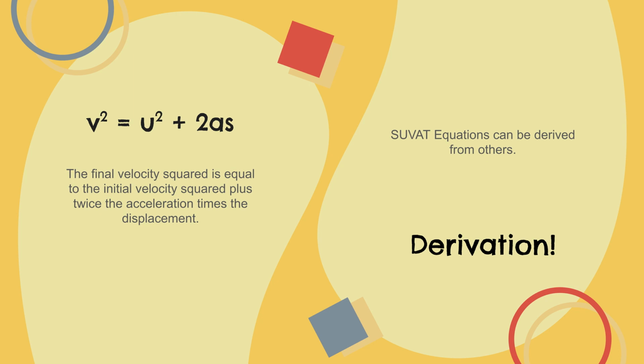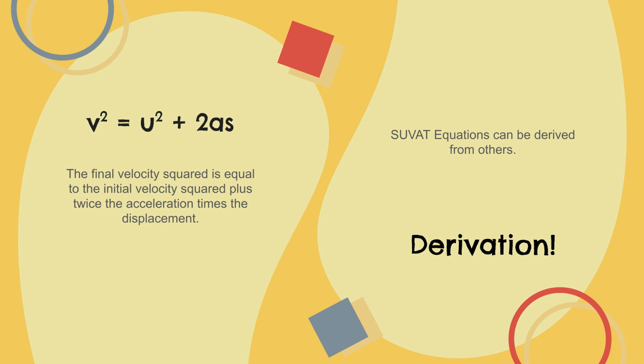plus 2uat. From the equation s equals the sum of u plus v times t divided by 2, we know that 2as is equivalent to 2as equals the sum of u plus v times at, or 2as equals uat plus vat. From this, we can restate the equation v squared equals u squared plus 2as in different terms through the process of substitution.